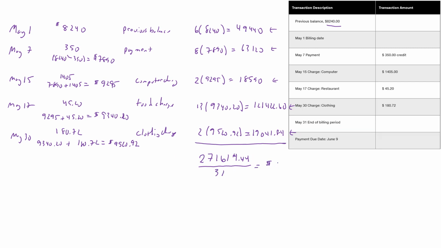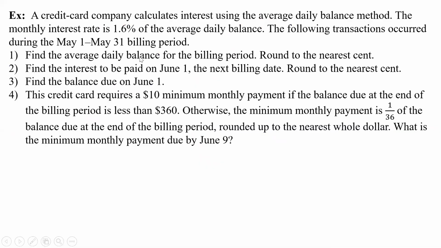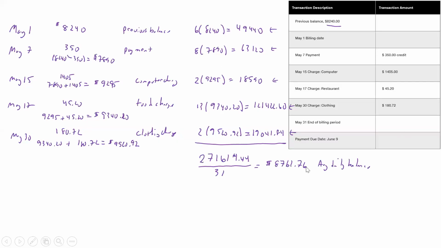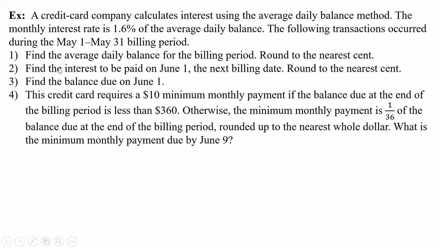So that's going to be $8,761.76. So that's the average daily balance. All right, now that gives us part A, find the average daily balance for the billing period rounded to the nearest penny. And so I rounded it to the penny, which was 76.